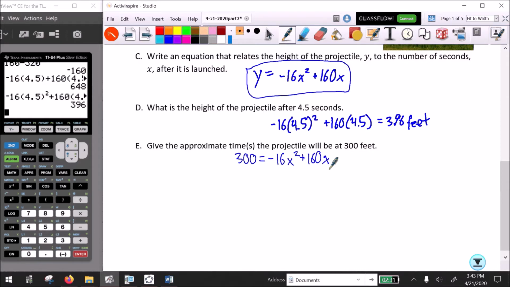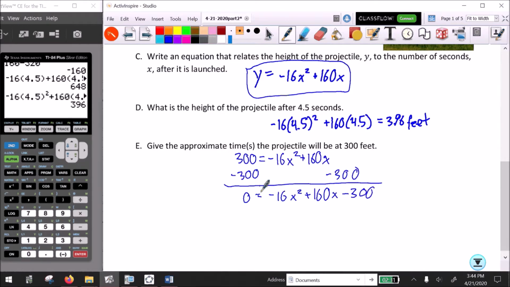I'm going to get the quadratic equation to look how it usually does by moving this 300 onto the other side. And we get 0 is equal to negative 16x squared plus 160x minus 300.